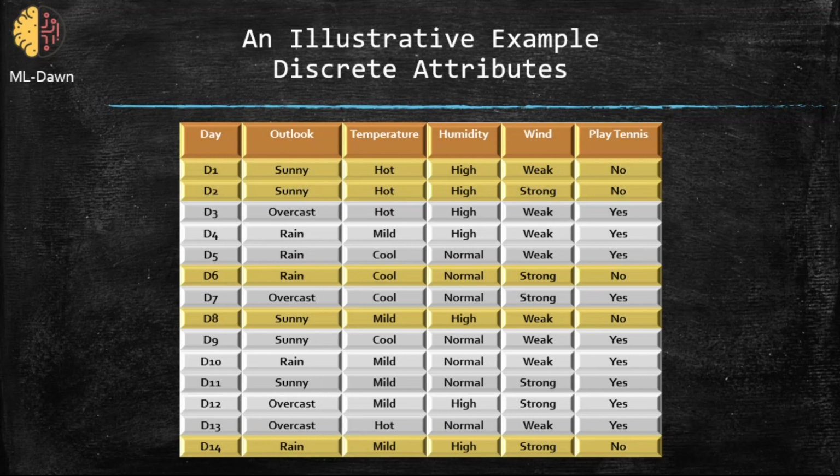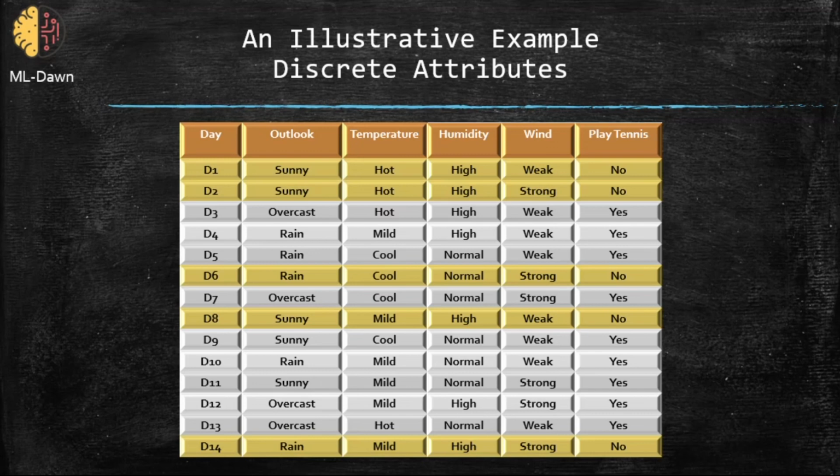And for wind, we could have a weak wind or a strong wind. Then again, the concept that we want to learn is play tennis, which is binary: either no or yes. And all our attributes are discrete. So remember, the decision tree wants to figure out which one of the attributes is worth more in terms of reducing the entropy.